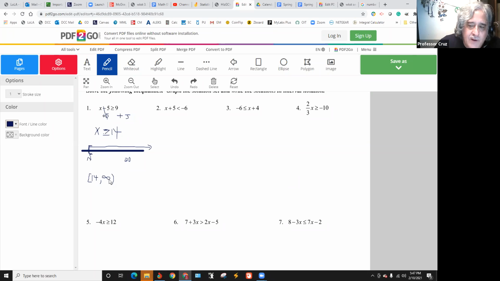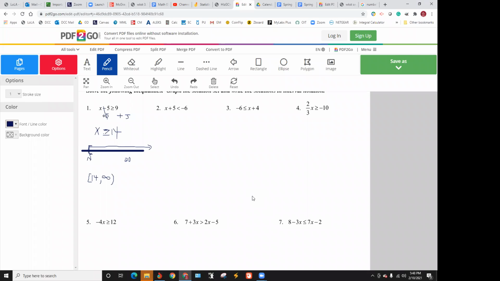Notice that infinity, whether it's positive or negative infinity, always takes the parentheses, and that makes perfect sense because you would never be able to get to infinity. It's an always-getting-there type thing, and that's what the parentheses mean. So that means starting at 14, including 14, all the way up to infinity.